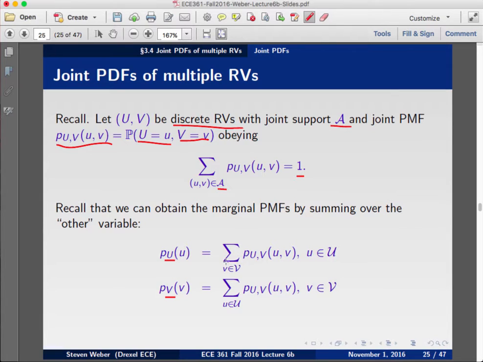And what am I summing? I'm evaluating the joint probability mass function, where u here is fixed by the argument on the marginal, and v is the dummy variable of summation. And likewise, a similar thing holds true for obtaining the marginal for V. Instead, now I'm going to sum over all possible values of u. So keep this in mind because the analogous concepts are going to apply for the case of joint probability density functions.